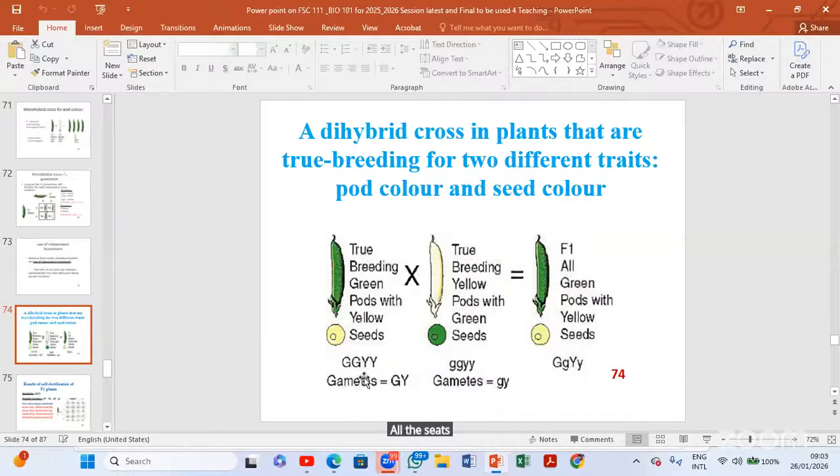So that is why he used this genotype, capital GG, capital YY, crossed with small gg and small yy, to have our F1 offspring. The F1 offspring will now be capital G small g, capital Y small y. So he proceeded to F2.